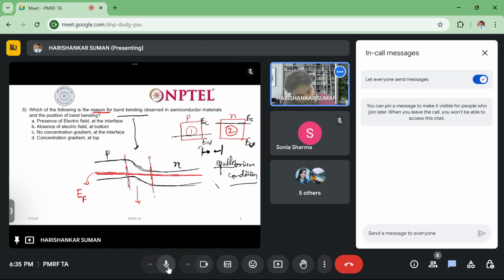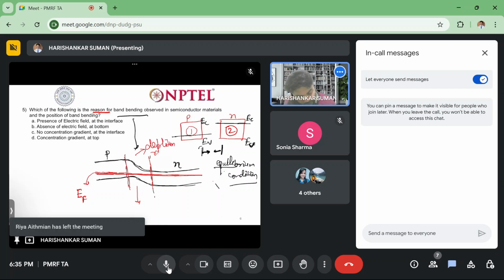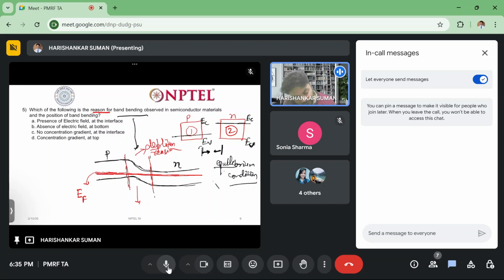This is the depletion region. Let's say on this side electrons go out, leaving positive, positive, positive, and negative on this side. Immobile charges. So an electric field is generated here.